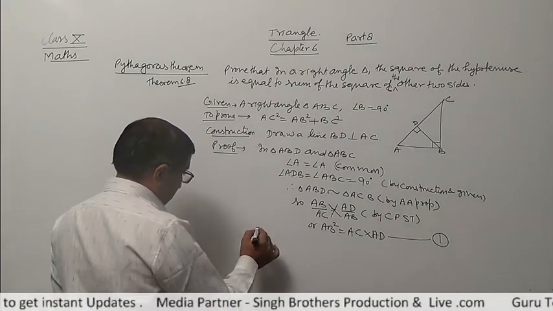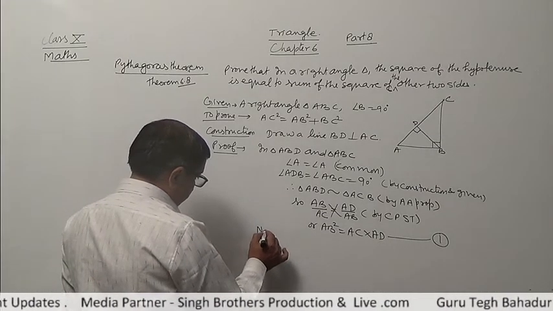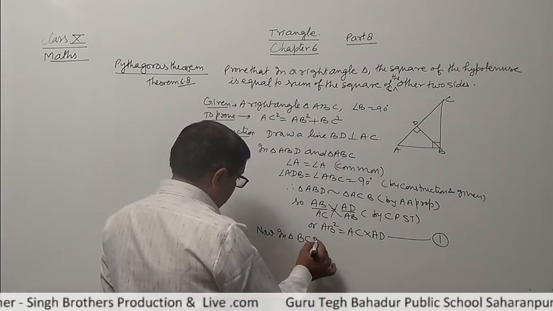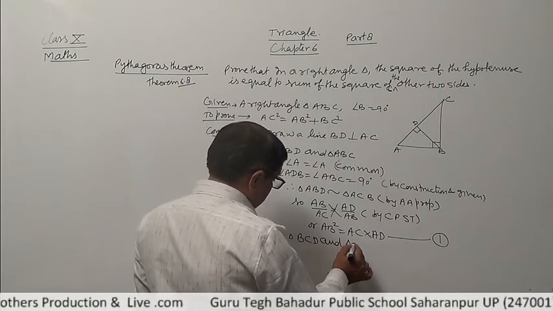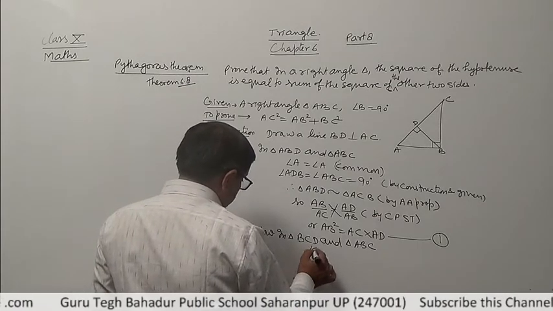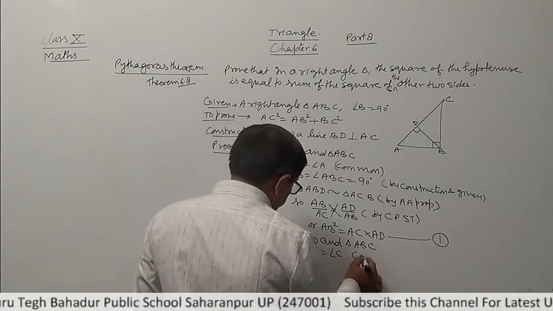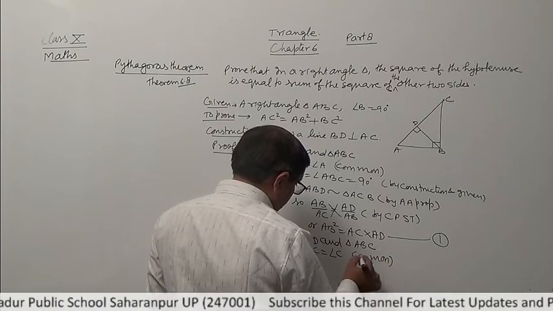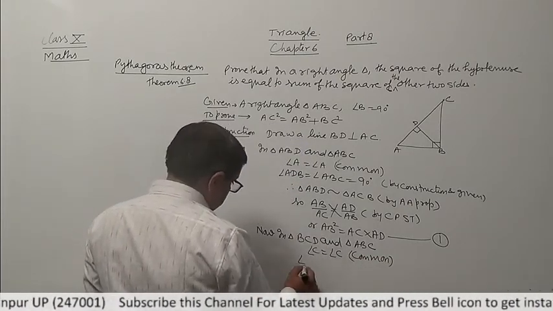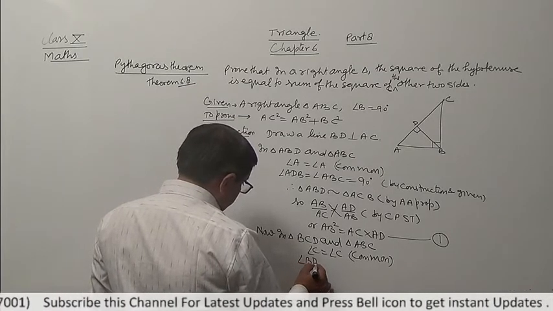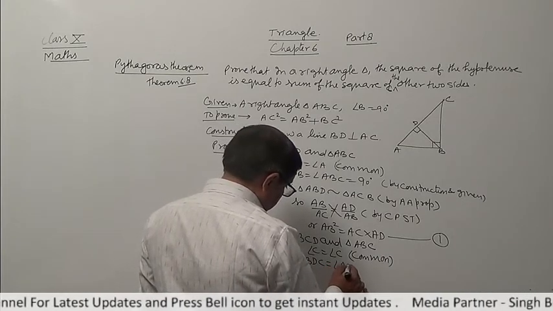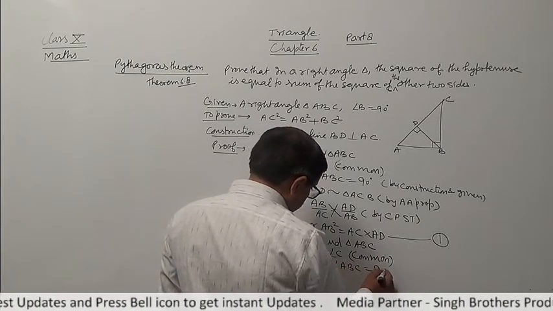Now in triangle BCD and triangle ABC, angle C, that is a common angle, and angle BDC is equal to angle ABC is equal to 90 degree.